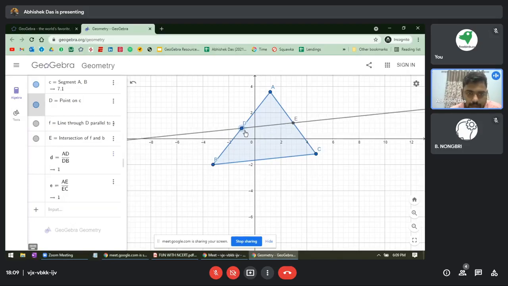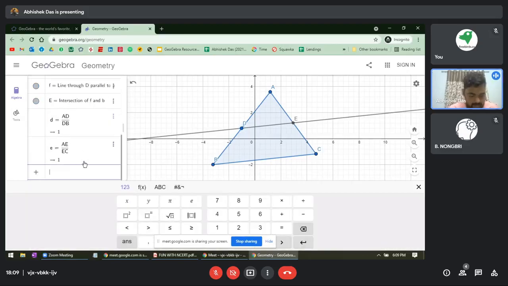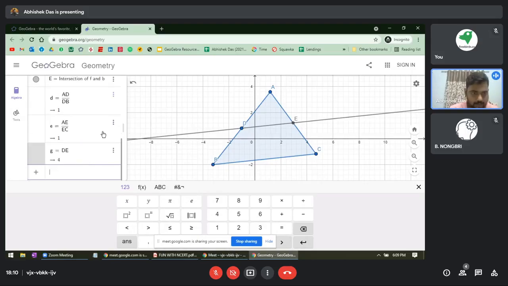Now, if AD upon DB is equal to 1, then D is, of course, the midpoint of AB, and E would be the midpoint of AC. Now, in such a case, let's check the distance of DE. The distance of DE is 4. And what is BC now? The distance of BC is 8.